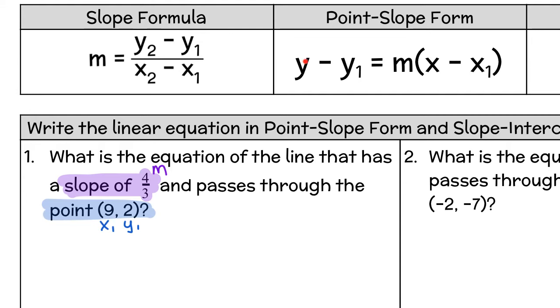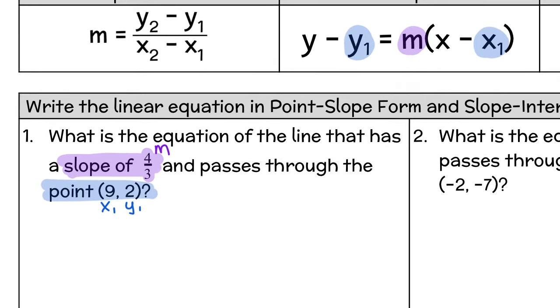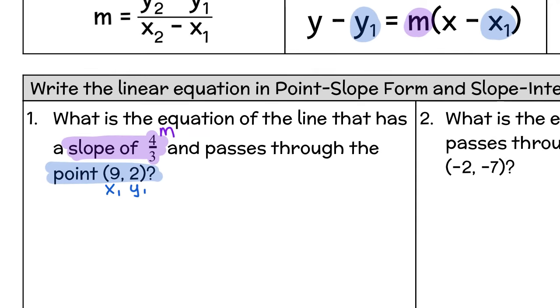We're going to go straight to point slope form. So that slope, we are going to plug it in for m. And for the point, it's going to go here for the x1 and y1 values. So following that format from above, I have y minus y1, which for us, y1 is the number 2, equals m.